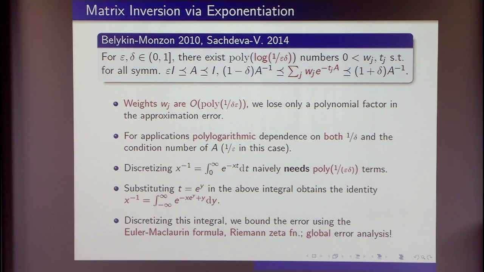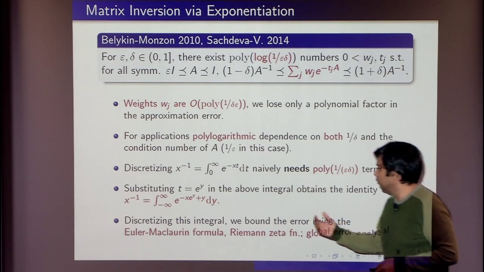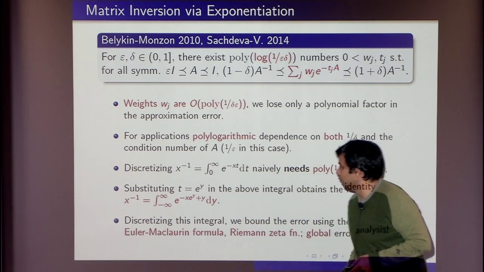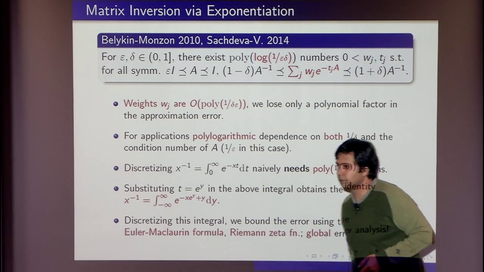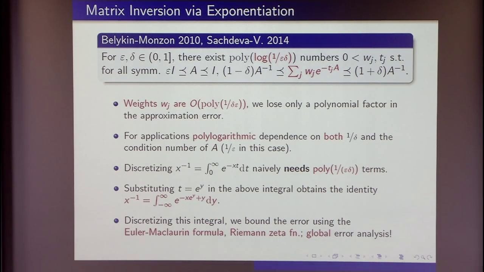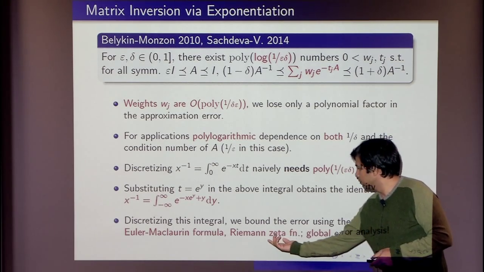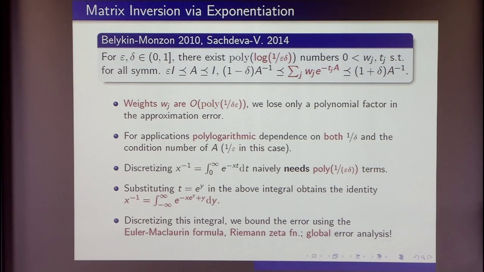However, the proof is actually quite complex. It uses a whole bunch of results from analysis, in particular the Euler-Maclaurin formula, which requires us to control very high derivatives of this object, and in particular also uses certain estimates that come from the Riemann zeta function.